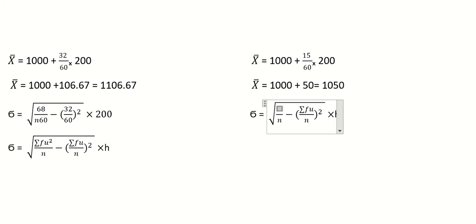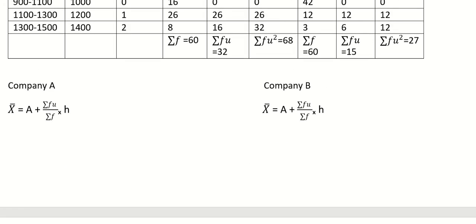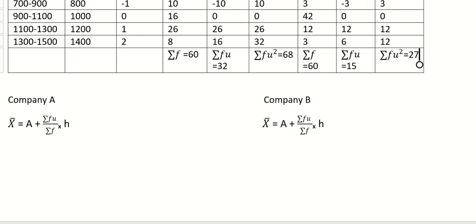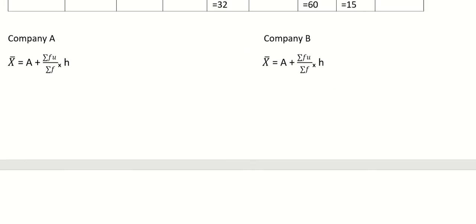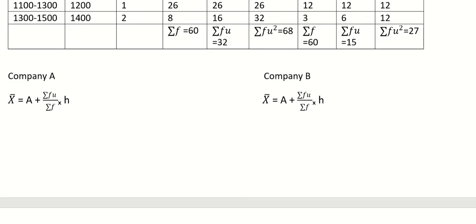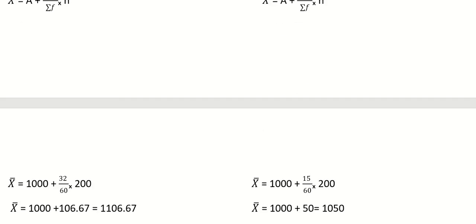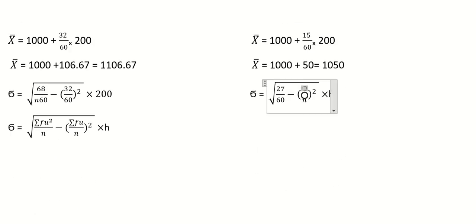Company B's FU square is 27. So this 27 I will put here. 27 divided by 60, and summation of FU for company B is 15. See here, this is 15. So 15 divided by 60, right?